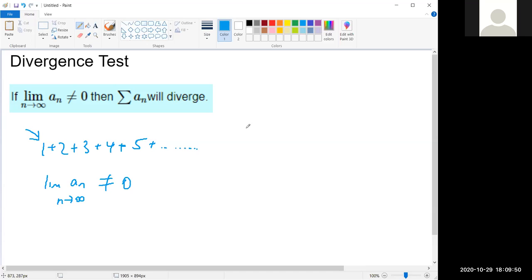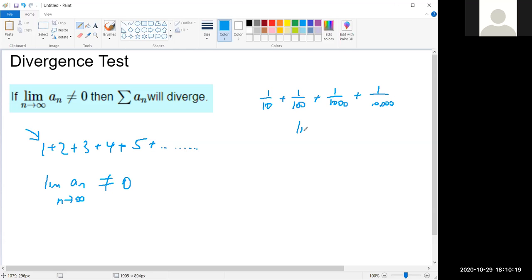So let's do a counterexample. Let's say I gave you a series such that the numbers get smaller. In other words, the limit does go to 0. So let's say I give you 1/10 plus 1/100 plus 1/1,000 plus 1/10,000.